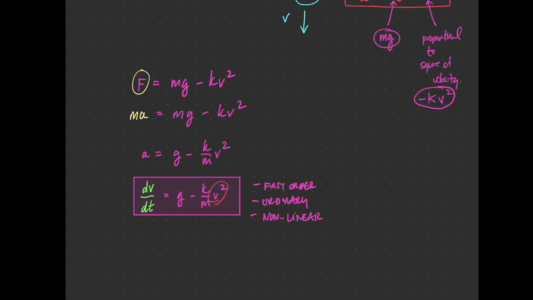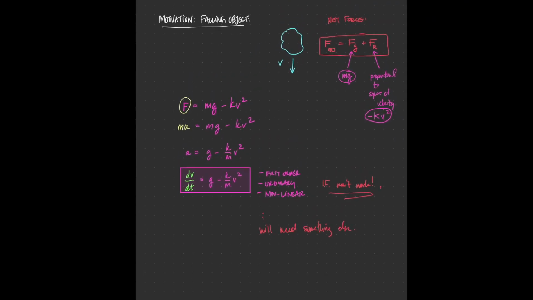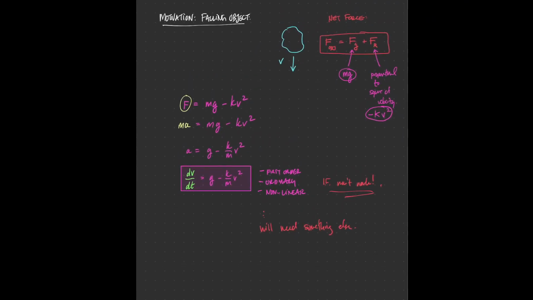It is nonlinear. So that means that our method from before, the integrating factor, won't work. So we're going to need something else. Right, we can't kind of snap this ODE into place using that integrating factor.